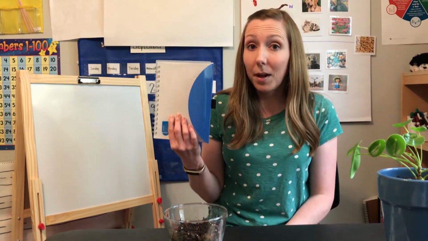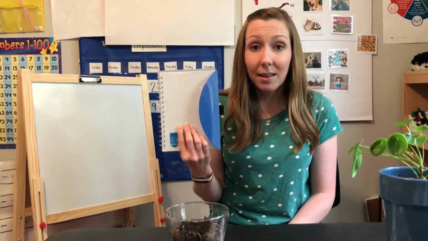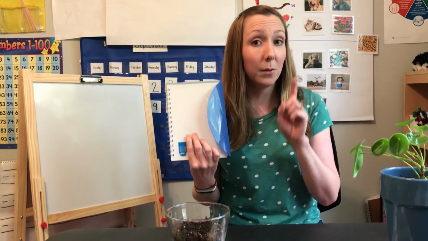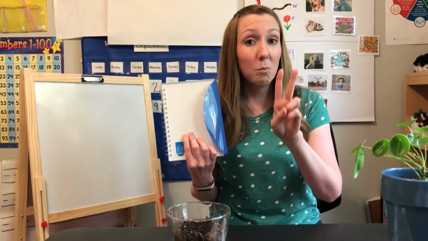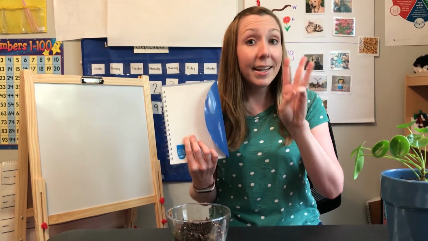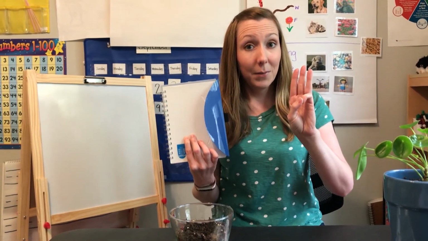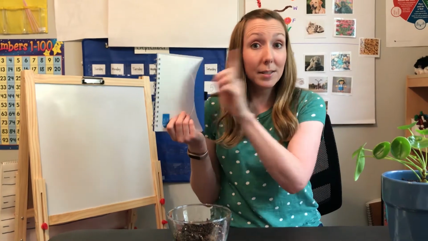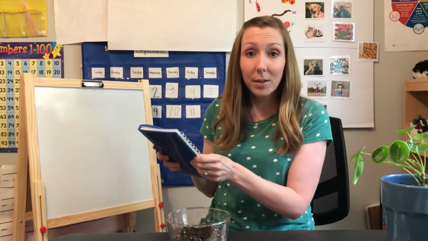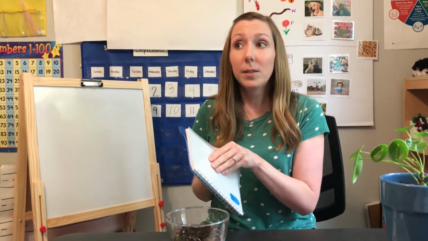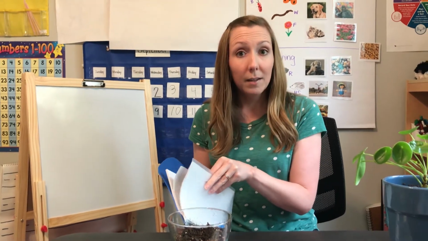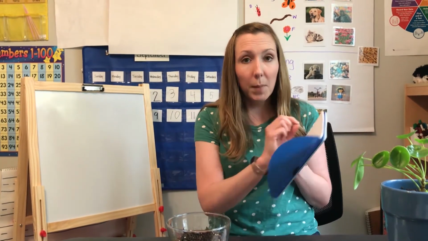And remember, whenever we are looking for living and non-living things, we're looking for things that grow and change, things that can move on their own, and things that need food, air, and water to live. Okay? So as you're looking around, I want you to draw what you see. And then note if you see that maybe if it's moving, maybe you can draw a picture of it moving.